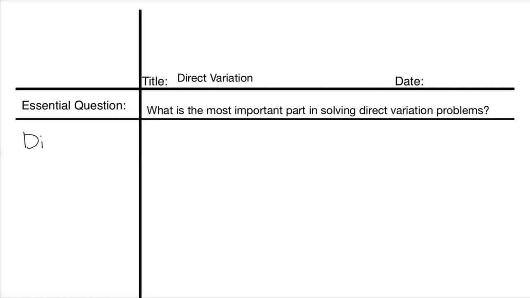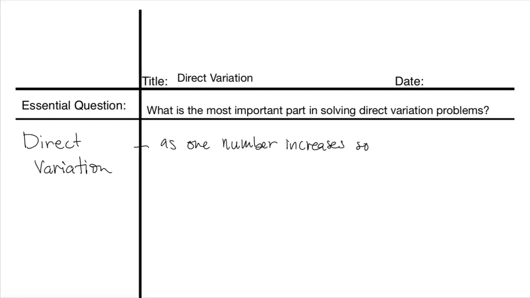So we have direct variation. In simple terms, it means as one number increases, so does the other.